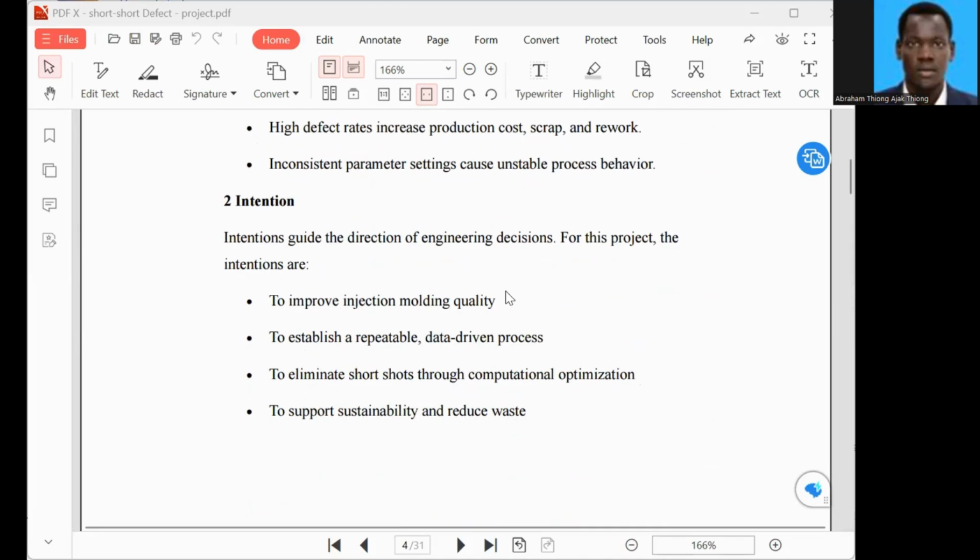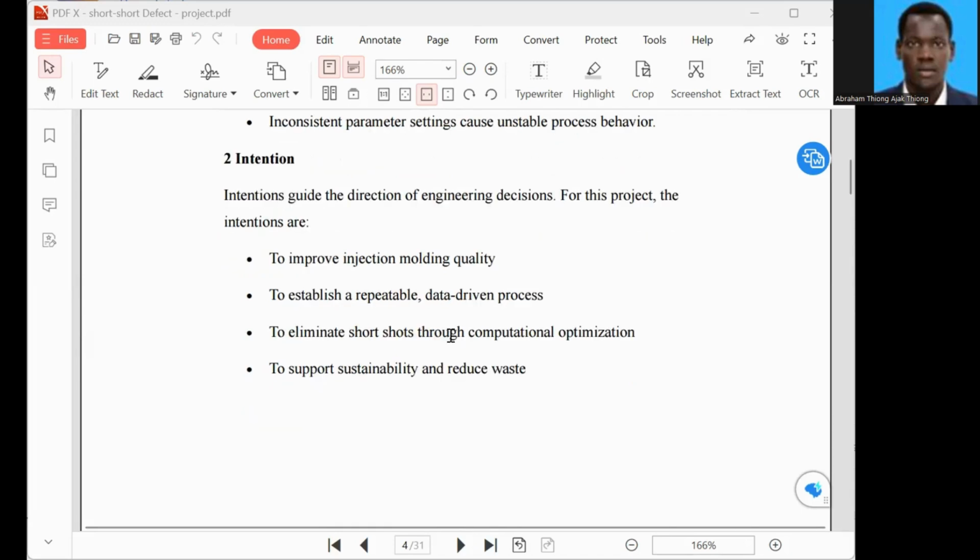And my intention is to improve injection molding quality, to establish a repeatable data-driven process, and to eliminate the short shot through computational optimization.